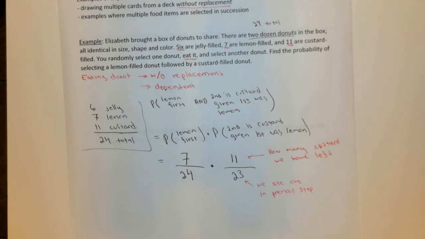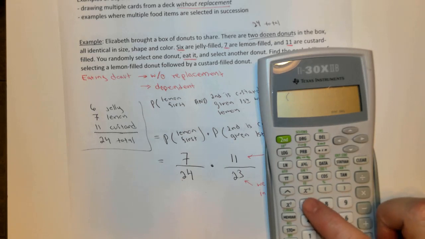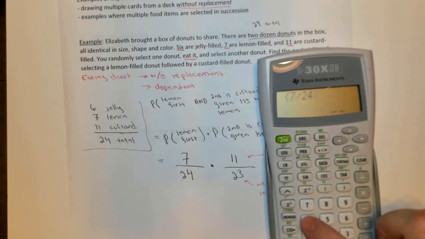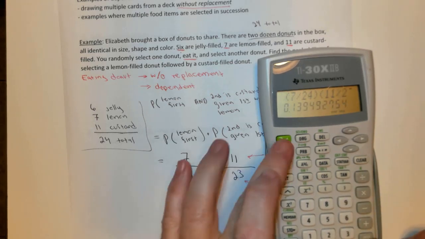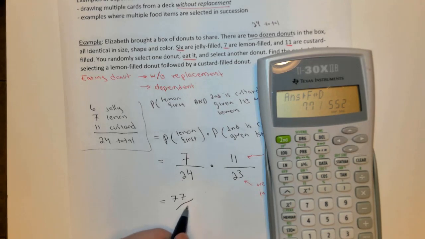So again, let's try to type this in the calculator all at once. 7 divided by 24 times 11 divided by 23. We get a decimal, second PRB. Ooh. Well, that's what's going to be happening. Turns out this one did not reduce any.